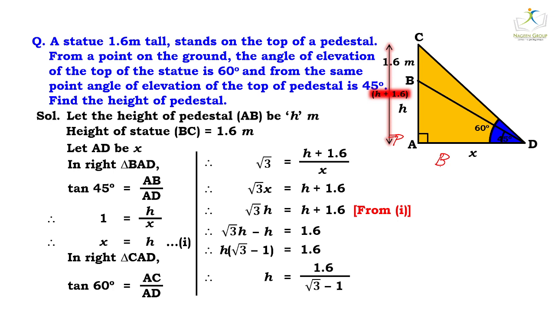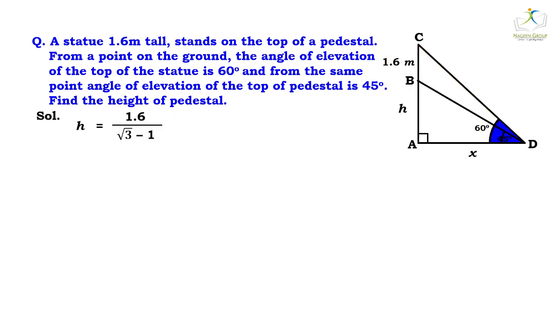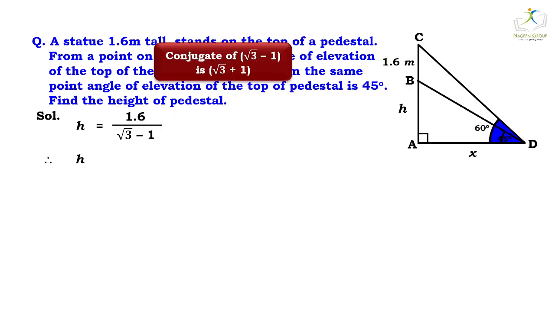कोई भी वैल्यू रूट नीचे नहीं हो सकती, डिनोमिनेटर में नहीं हो सकती, तो मल्टीप्लाई बाय √3 plus 1 and divide by √3 plus 1, right?